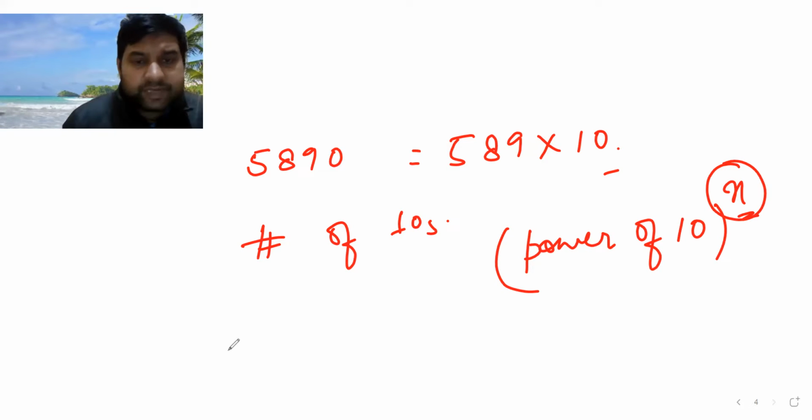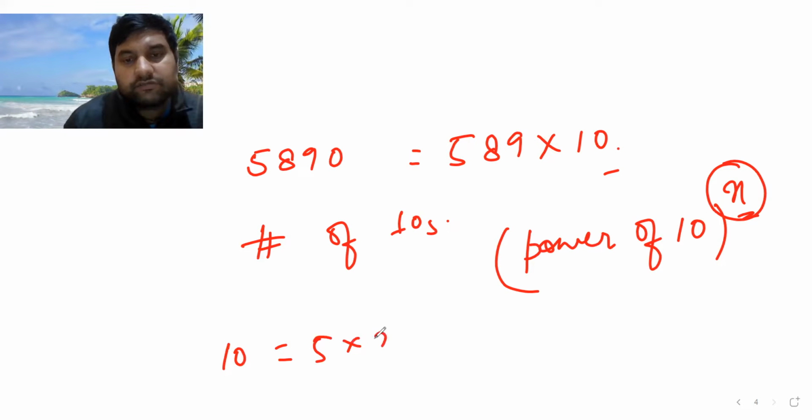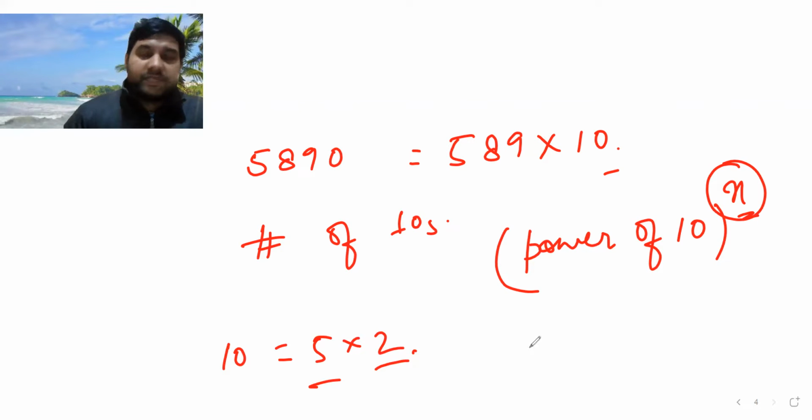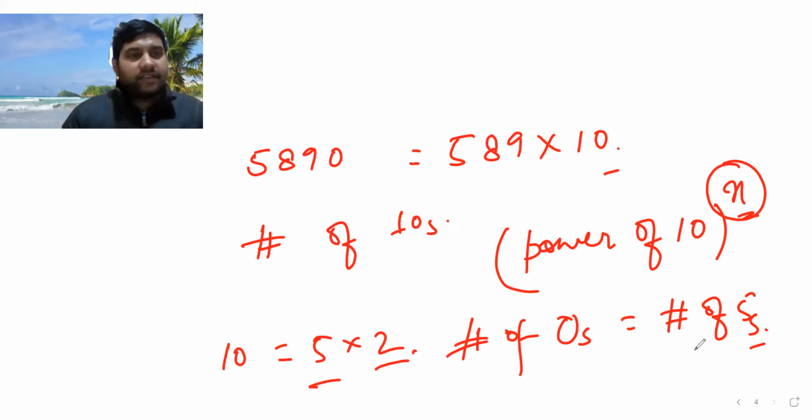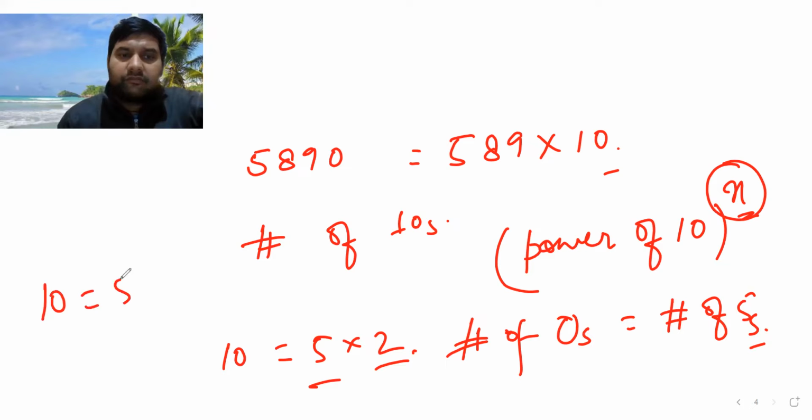Now, if we further break it down, what is 10? 10 is equal to 5 into 2. So basically number of zeros is nothing but number of fives, correct? Now, why not number of twos? Because 10 is constituted when you multiply 2 into 5.